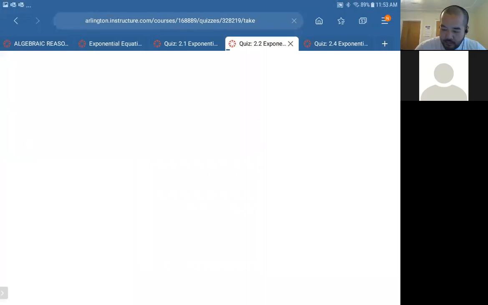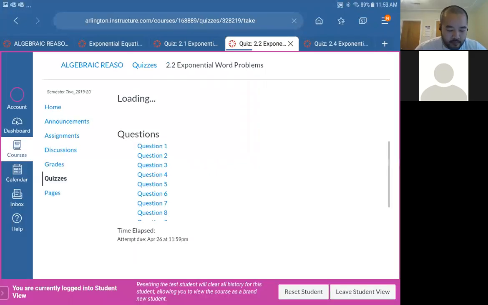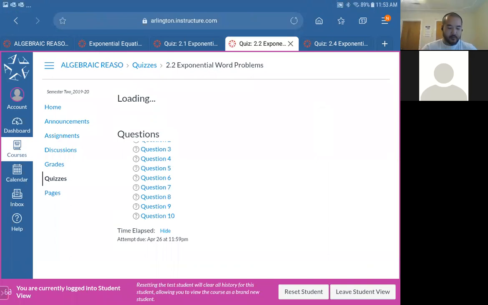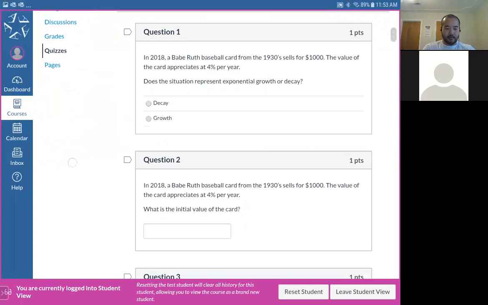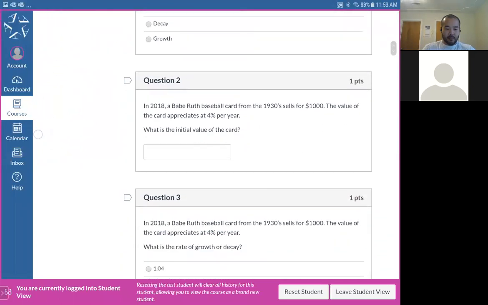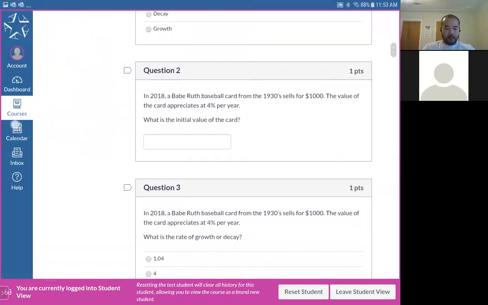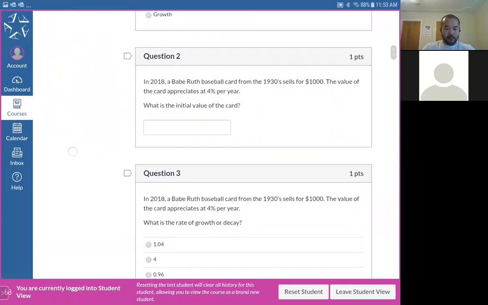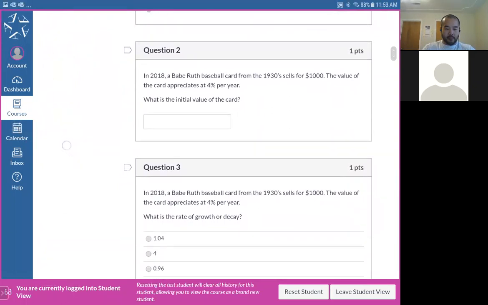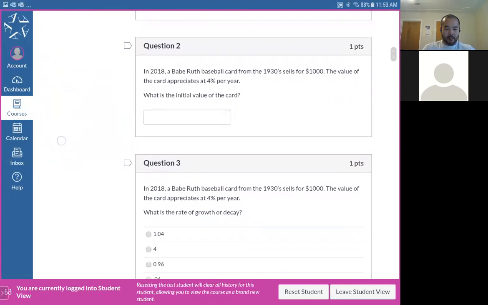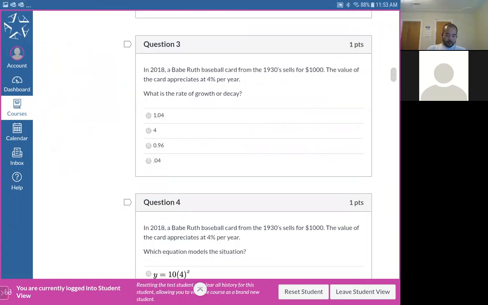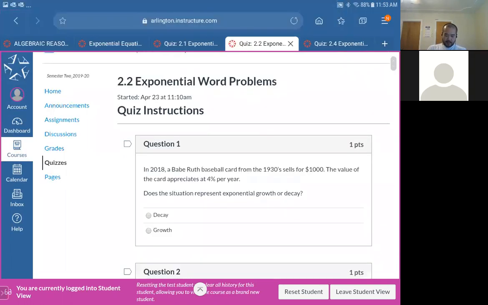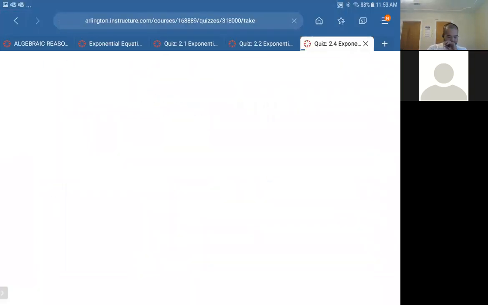2.2. It appreciates, its growth, initial value. I did some of these earlier. It's basically the same questions as what's on the quiz.